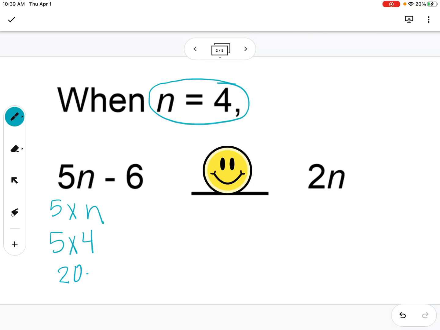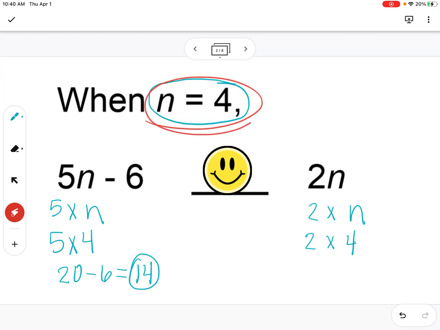Now I'm asked to subtract 6. 20 minus 6, you should be also writing this down, of course, in your notebook, is 14. So this side over here equals 14. On the right side, again, they're asking me to multiply 2 times n. I realize that n equals 4 because it's literally telling me right up here that n equals 4.